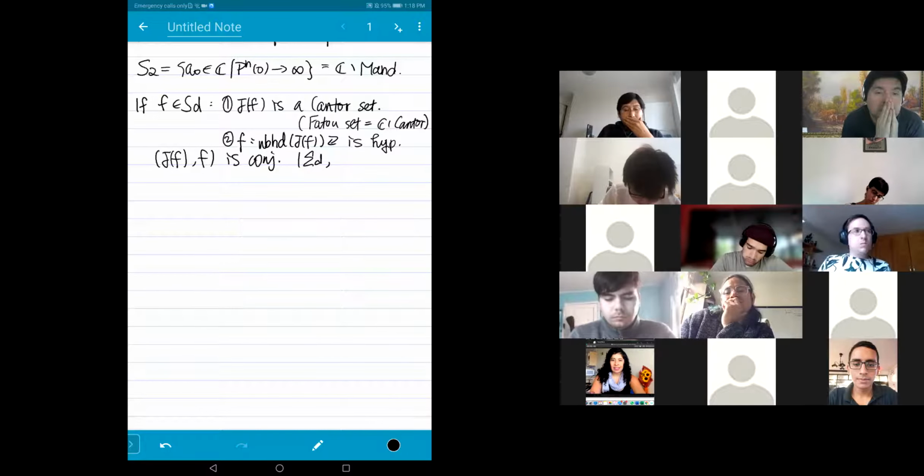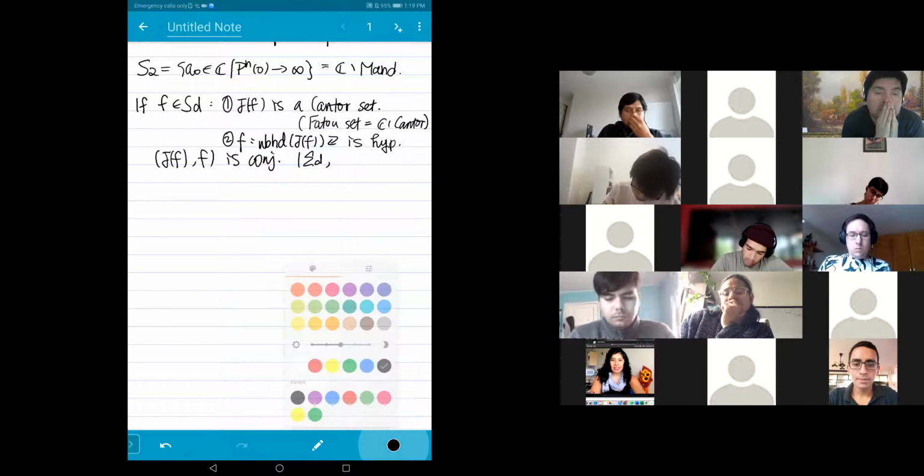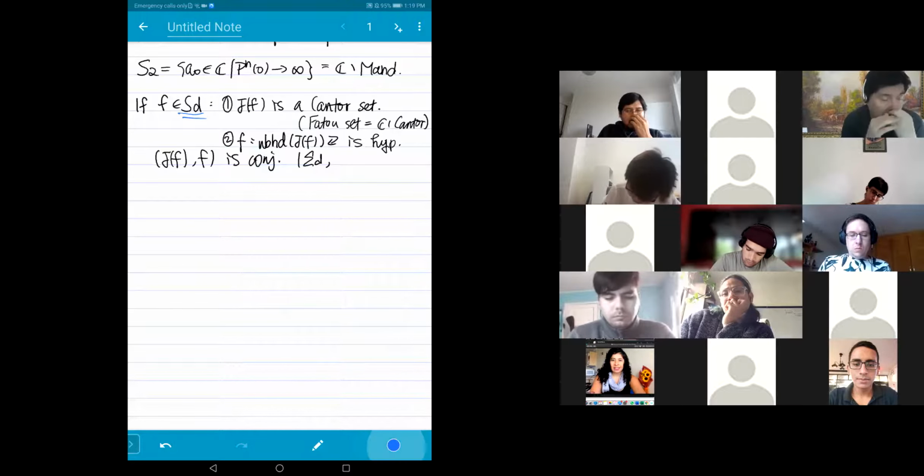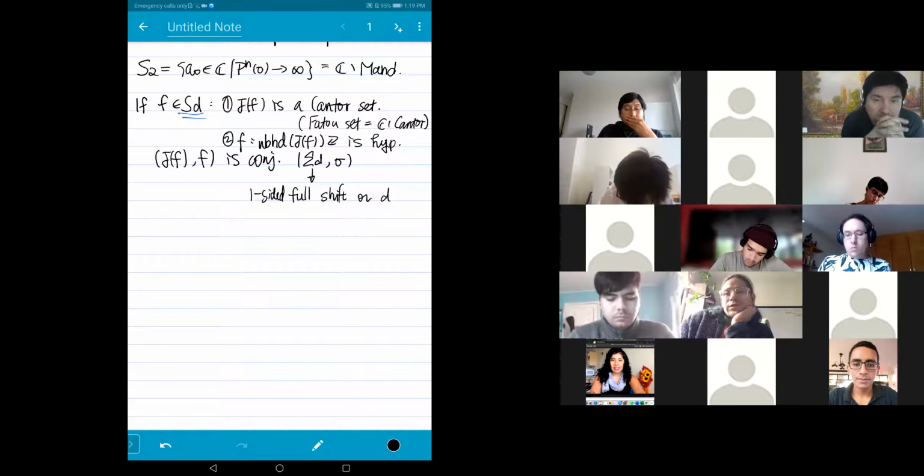So this is why this subspace is called the shift locus, because the dynamics is basically just shift. So this is the one-sided full shift on d letters.